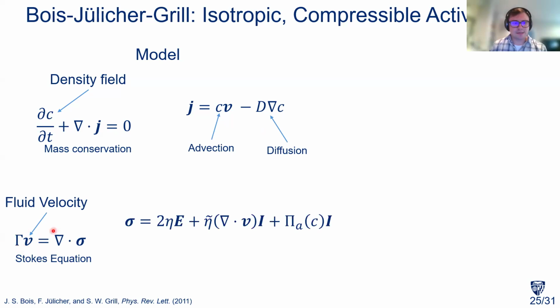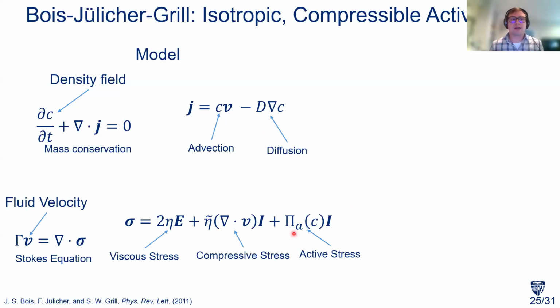The stress here now has a viscous stress. It also has a compressive stress because it's a compressible active fluid, and then an active stress like before. But now the active stress is a function of the density, not of any sort of ordering. There's no order to this fluid. It's an isotropic fluid, so it's only a function of the density.